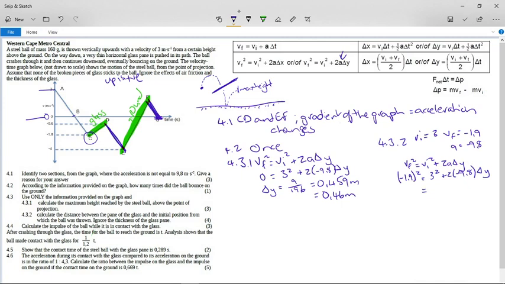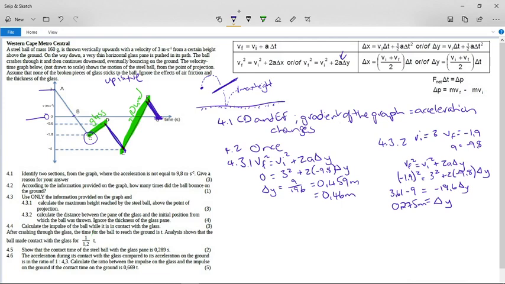So you end up with 3.61, that's 1.9 squared, minus 9 equals minus 19.6 delta y. And from there, with your calculator, you can get delta y to be 0.275 meters.